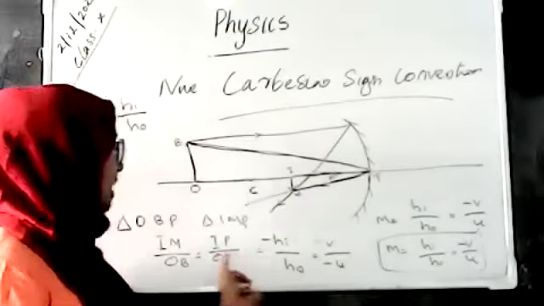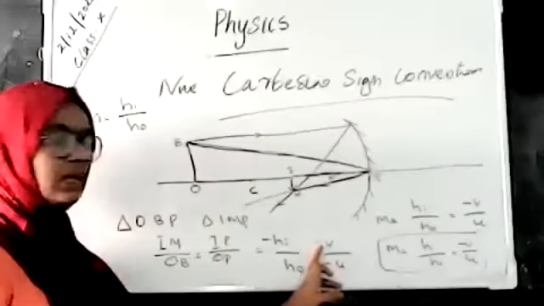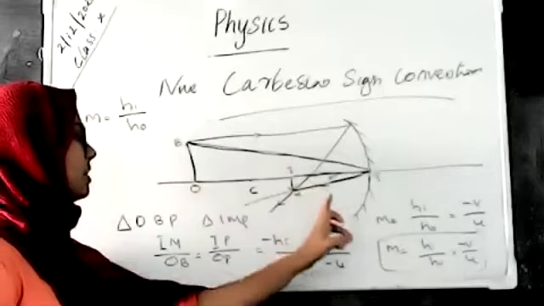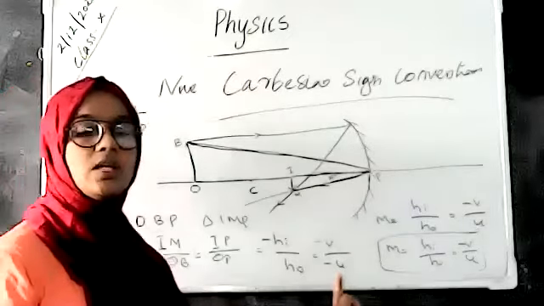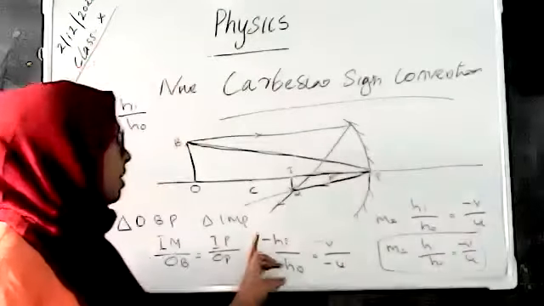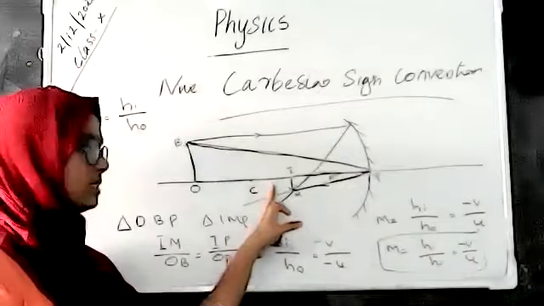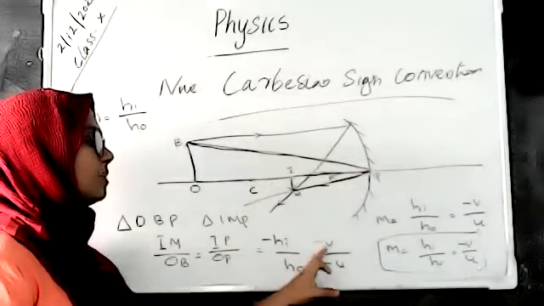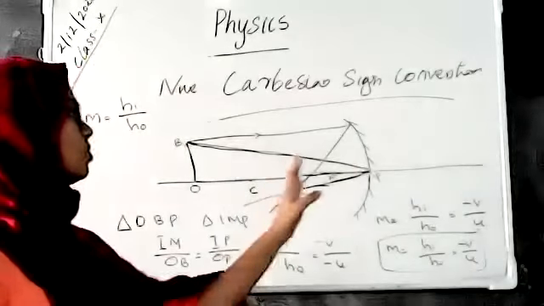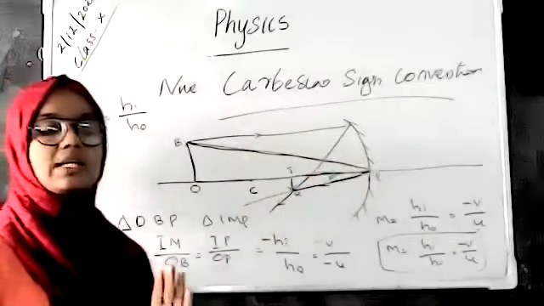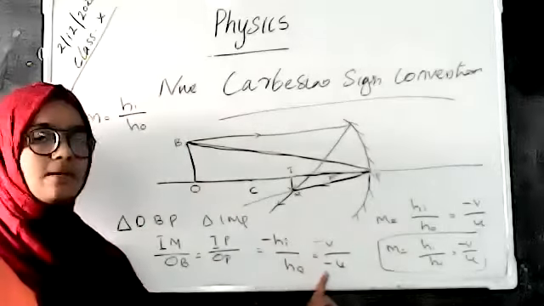IP is the distance of the image from the mirror, taken as V, and OP is the distance of the object from the mirror, taken as U. Using the new Cartesian sign convention, the height of the image is taken as negative because it is below the x-axis, and the distances of the object and image from the mirror are taken as negative because they lie on the left side of the x-axis, the opposite side. So these two are taken as negative.